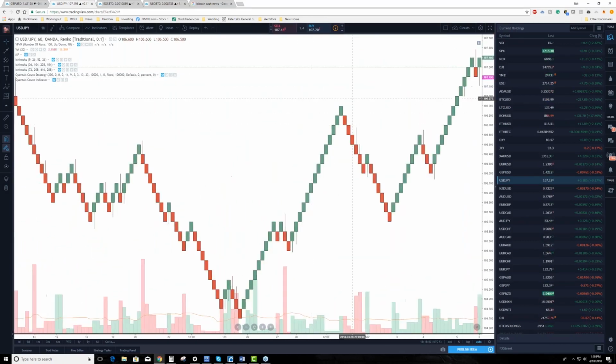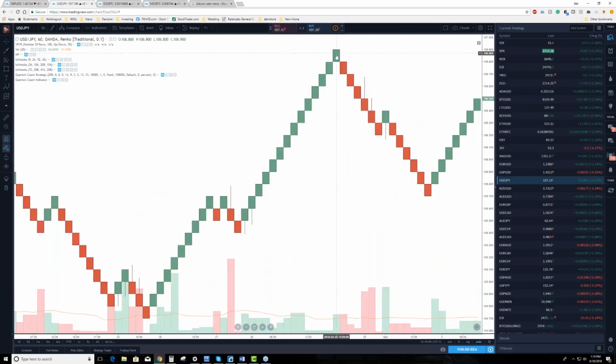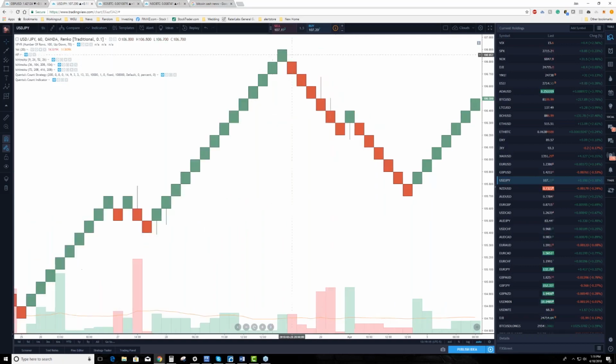Now, the power of using Renko as a trading method is that you can see where markets turn very easily. And what makes this extremely powerful is that if you think about it, this has to move a lot. So here's our Renko brick up here, okay?